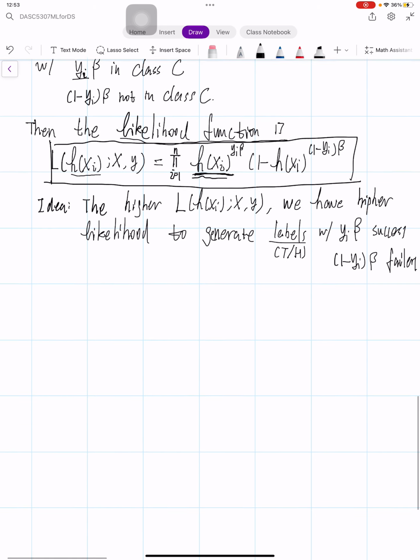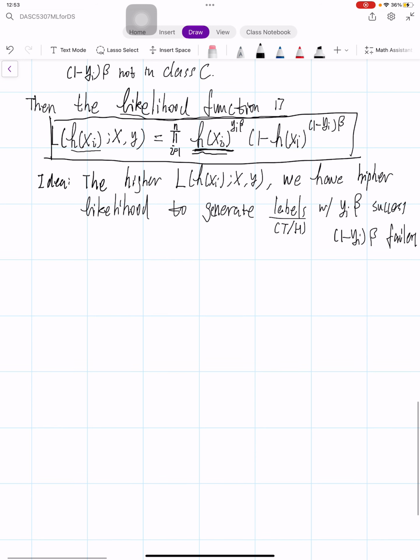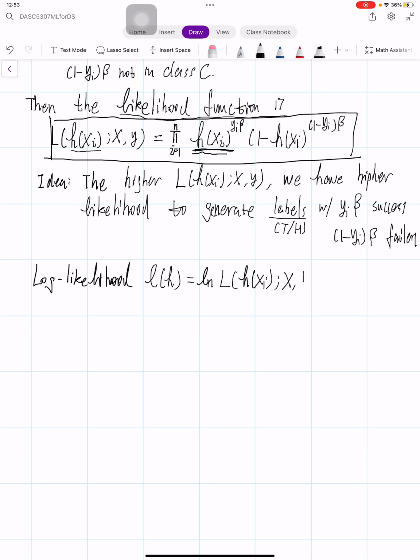So usually we calculate the log likelihood, small l, which is given by the natural log of L(h; xi, y).